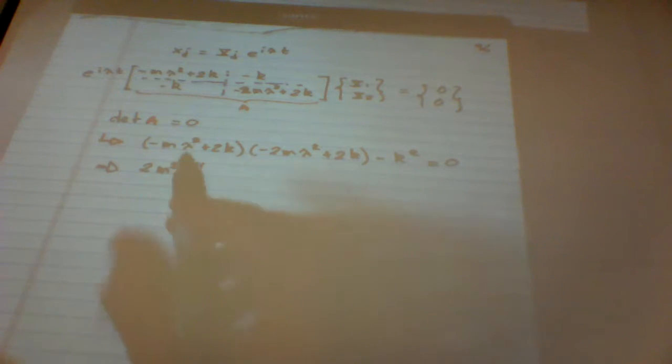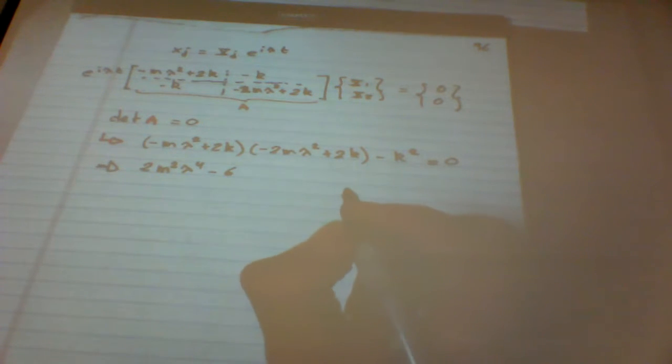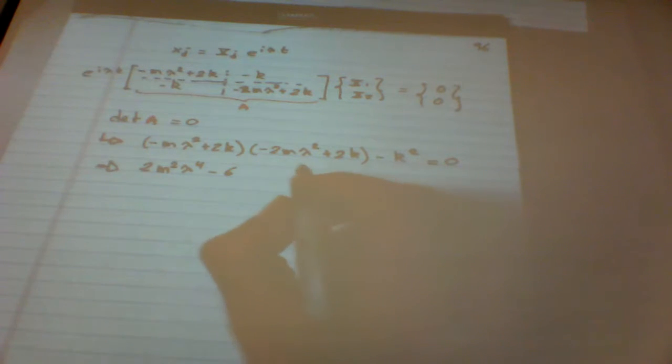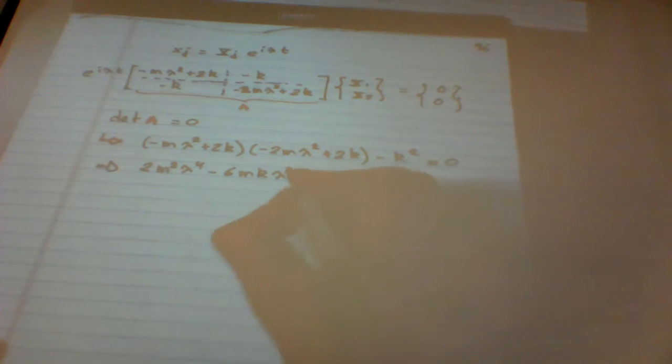So that would be minus 6mk lambda squared. Then plus 4k squared minus k squared, so plus 3k squared. Yep.